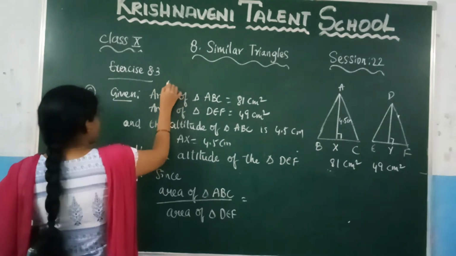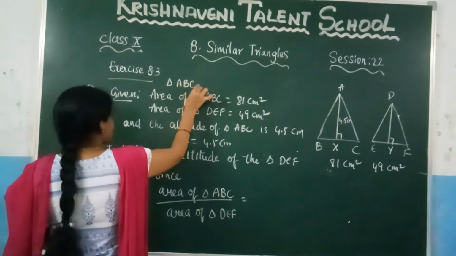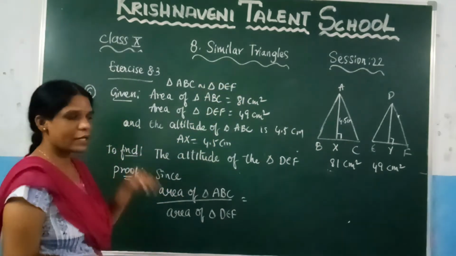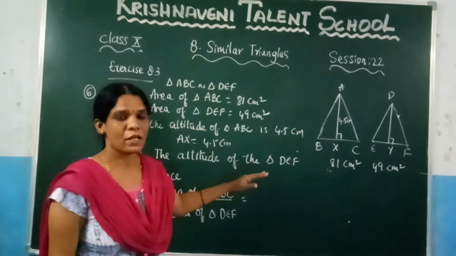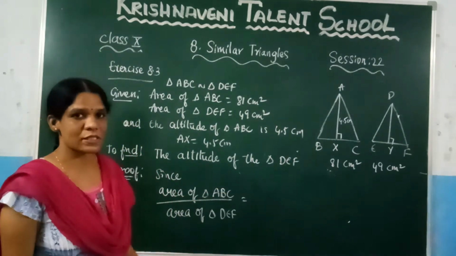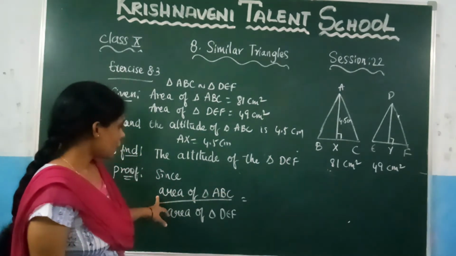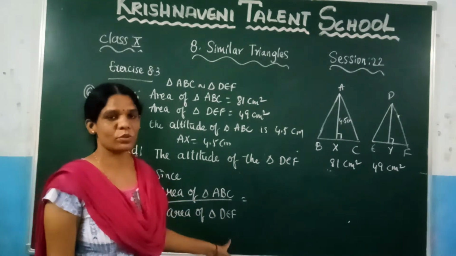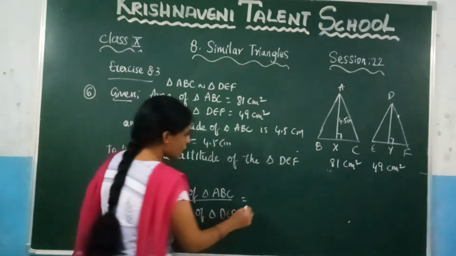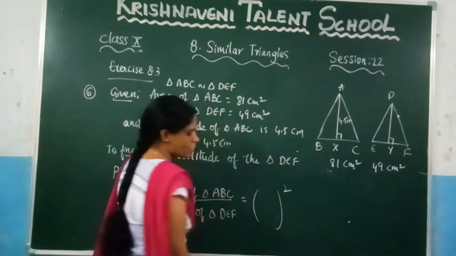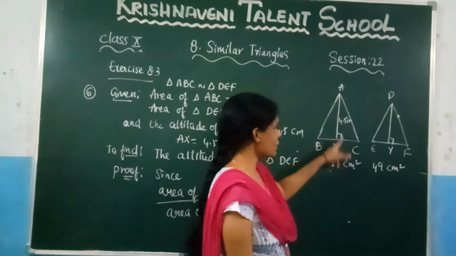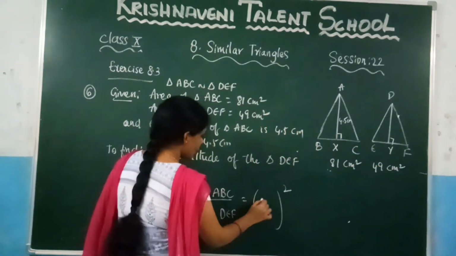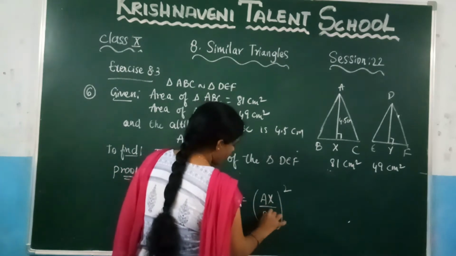Given triangle ABC is similar to triangle DEF. So you can write area of the triangle ABC by area of the triangle DEF, which is AX by DY whole square.